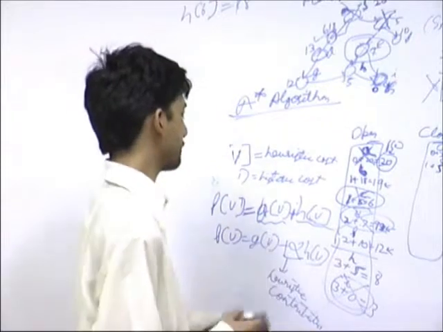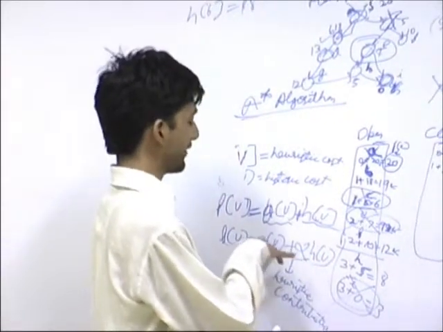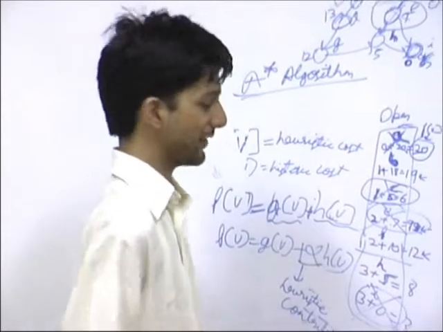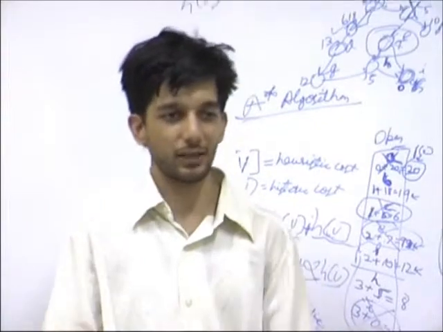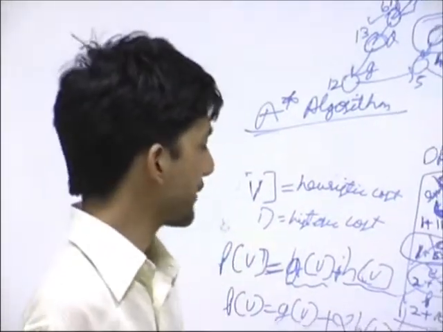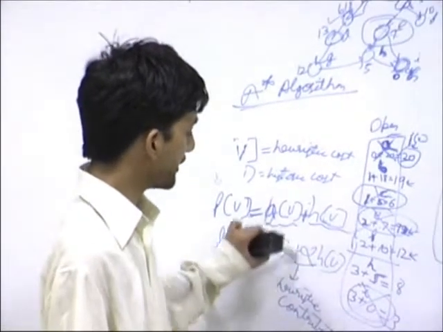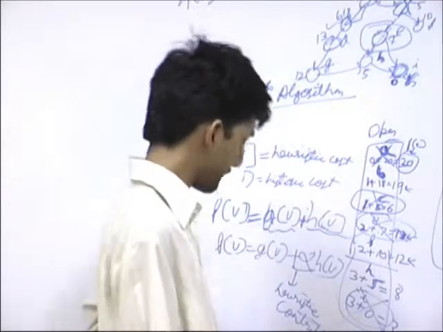And of course this can sometimes even be written as (1 minus alpha) Gv plus alpha Hv, where we assume that Gv and Hv are already in the range of 0 to 1. So alpha determines the contribution of each factor. Based on that invariant, the important point here is that we try to have a heuristic contribution to this.